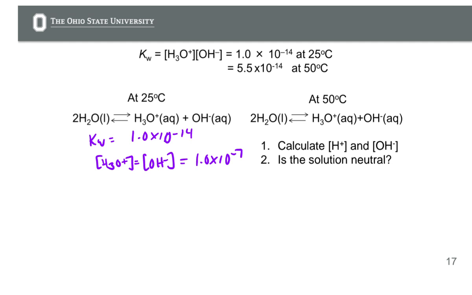Calculate then at 50 degrees Celsius what the hydroxide and hydronium ion concentrations are. At 50 degrees Celsius, Kw is 5.5 times 10 to the minus 14.